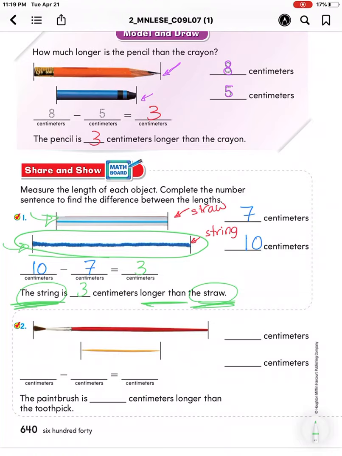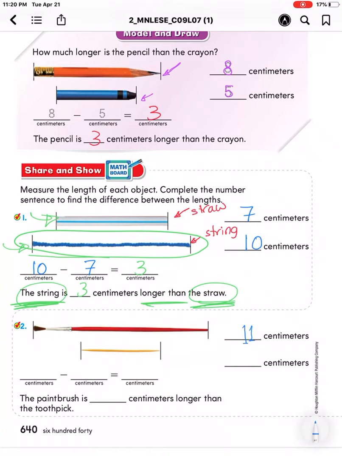So let's do it together. If you measured the paintbrush, you will find it to be 11 centimeters. Okay, for the toothpick you are going to find it 5 centimeters. So if I need to know how much longer is the paintbrush than the toothpick, I should make 11 minus 5 equals 6. Good job.